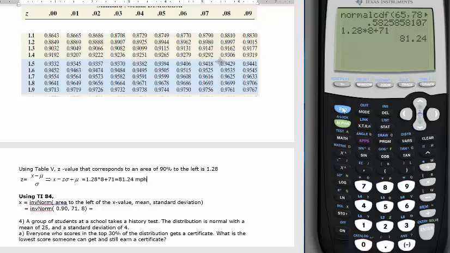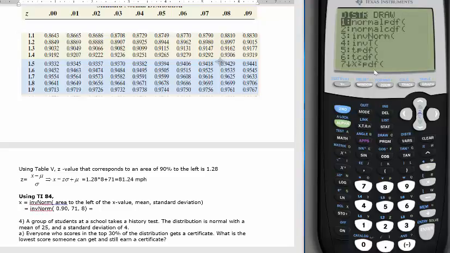So I'm going to clear the screen. I'm going to go to second variables. There's another function in this chapter you'll be using, just two functions. It's the number 3. So normal CDF to find the probabilities, and inverse normal to find what? X values. Okay. It asks you for 3 arguments: the area, the mean, and the standard deviation. The area, guys, it has to be the area to the left.